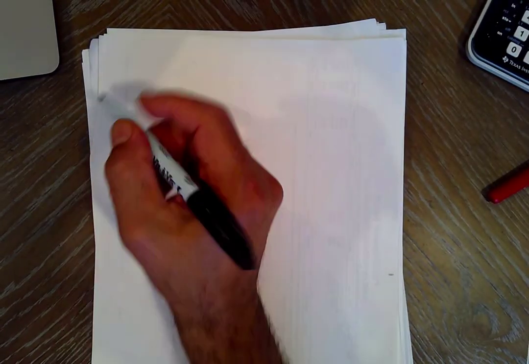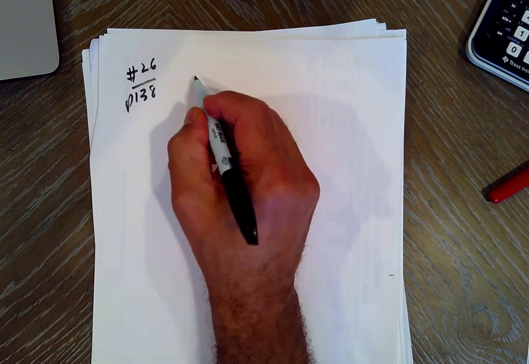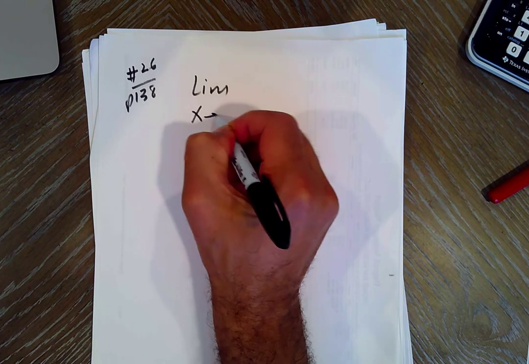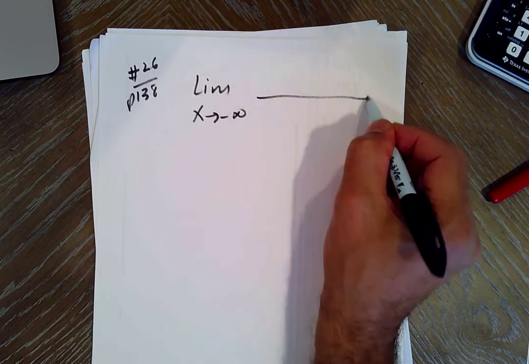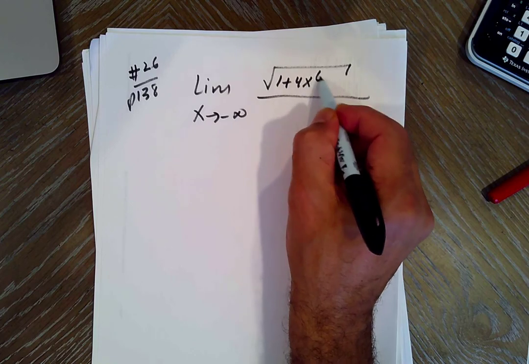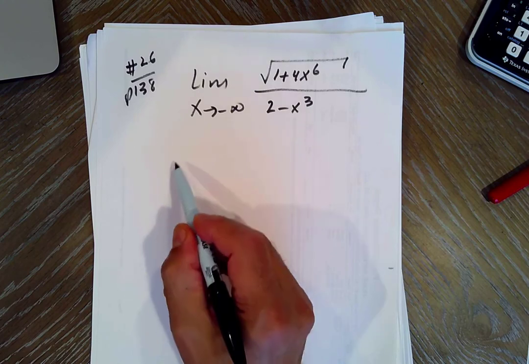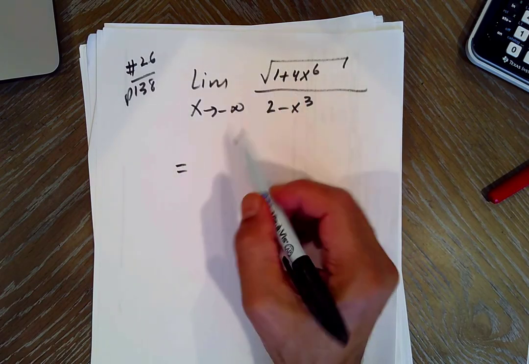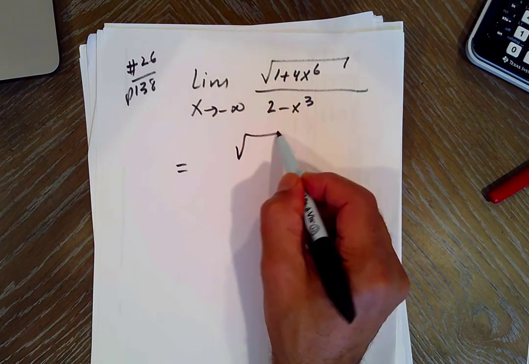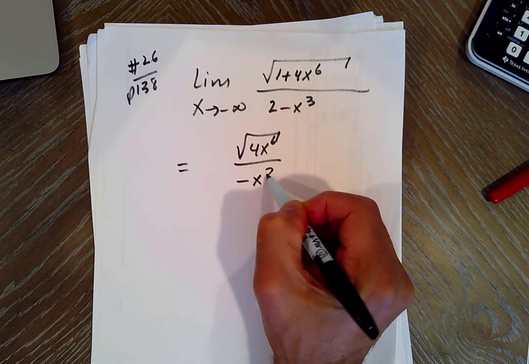Number 26, page 138. What's the limit as x goes to negative infinity of the square root of 1 plus 4x to the 6 over 2 minus x cubed? Well, you can ignore the 1 there, so you get square root of 4x to the 6. You can ignore the 2, so you get negative x cubed.